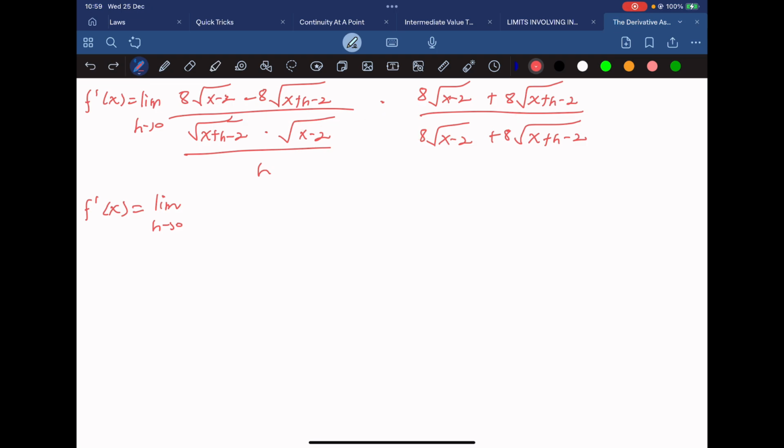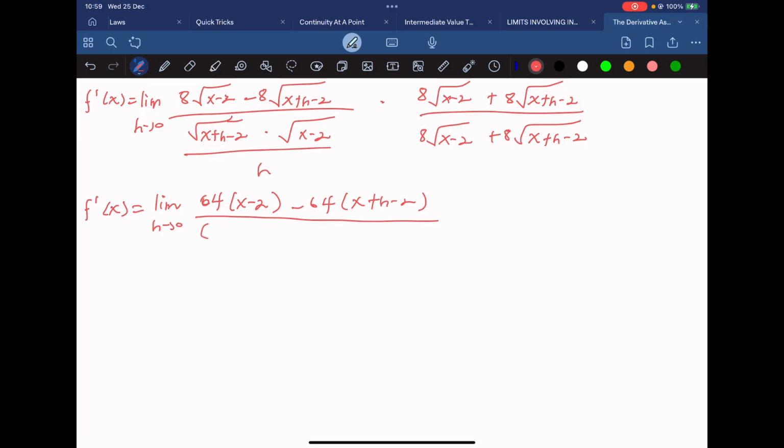If you multiply the first two terms, we're going to have 8 by 8 is 64, then this times this, the square root vanishes, so we just have x minus 2. Now multiplying this by this and this by this, both terms cancel each other out. So you're just going to have the last two terms left. So negative 8 by 8, we have negative 64. Then the square root vanishes, so we have x plus h minus 2. In the denominator, we leave it as it is.